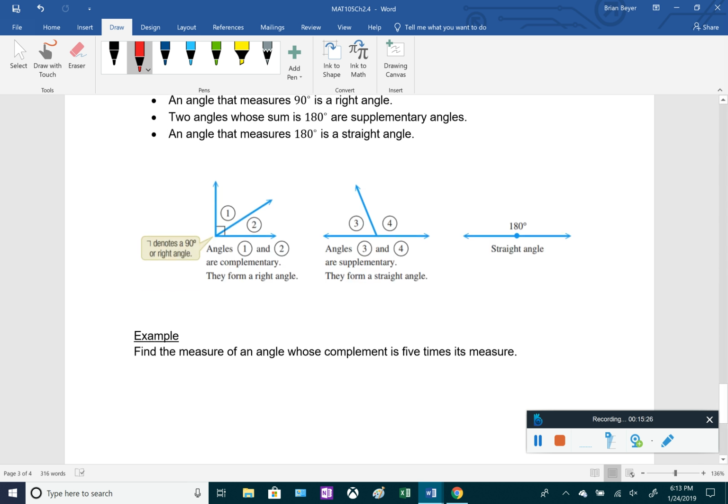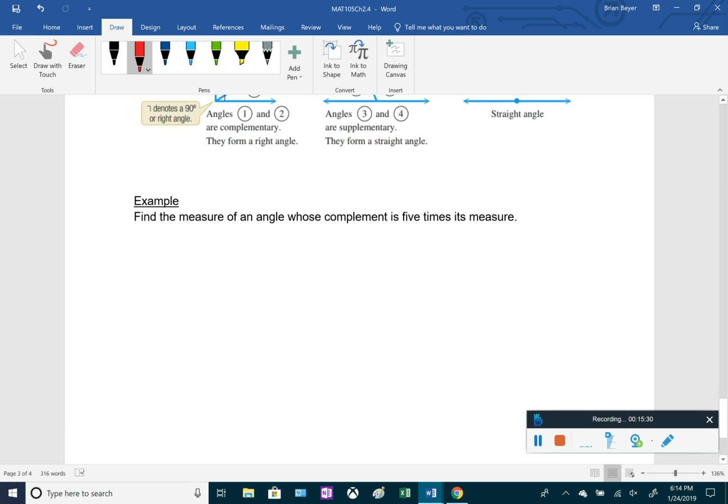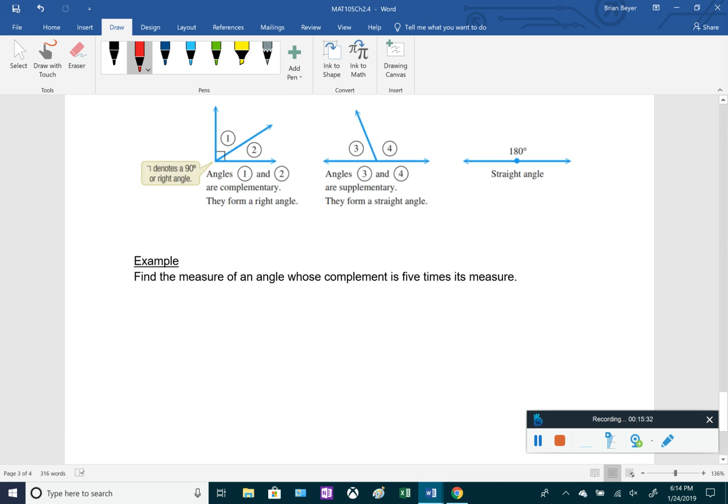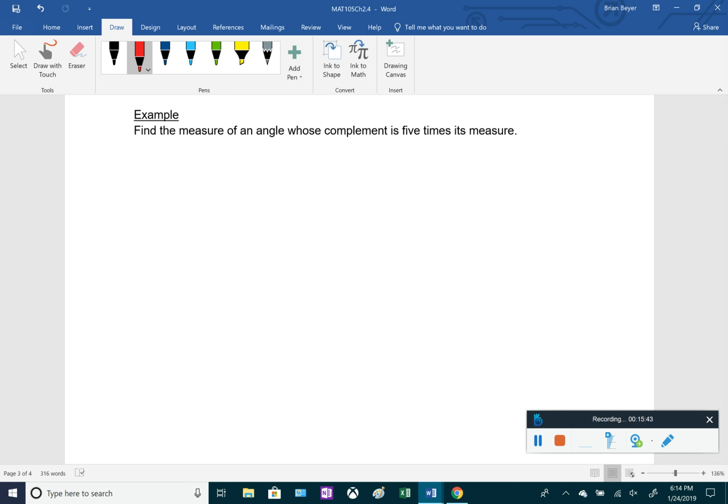Okay, so let's do one example for this. We want to find the measure of an angle whose complement is 5 times its measure. So we're going to let x be the measure in degrees of the angle.